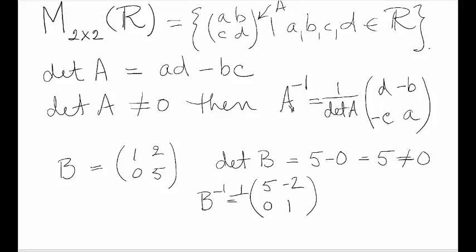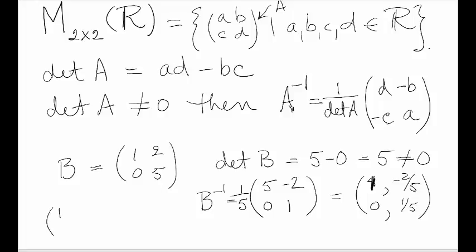and multiplying by the constant 1/5. Or you could write this as 1, negative 2/5, 0, 1/5. And you will notice that if we take B and B inverse and multiply them, we will get the identity matrix.